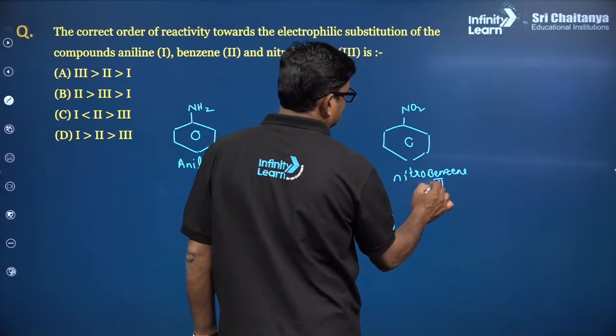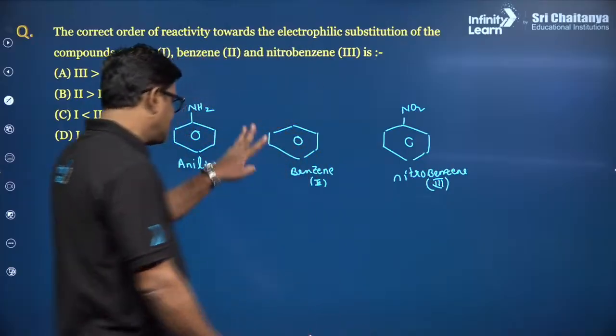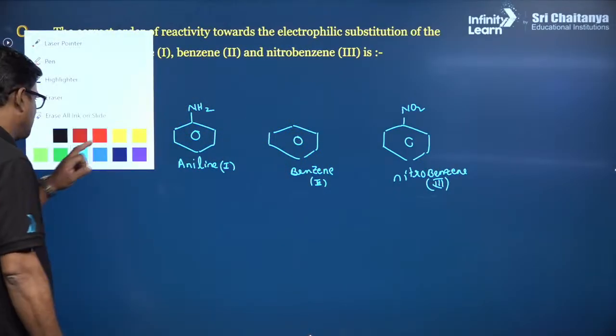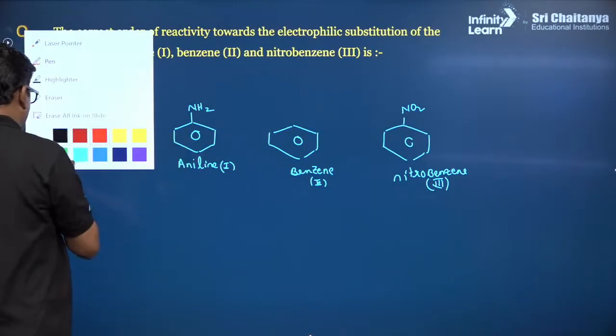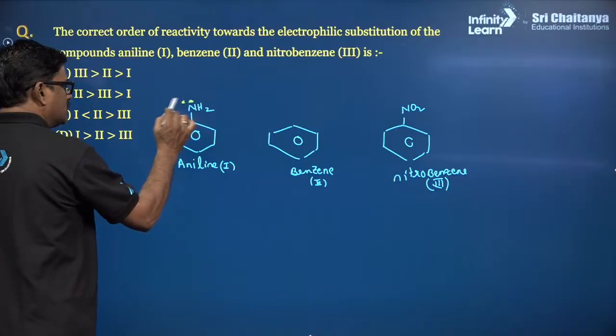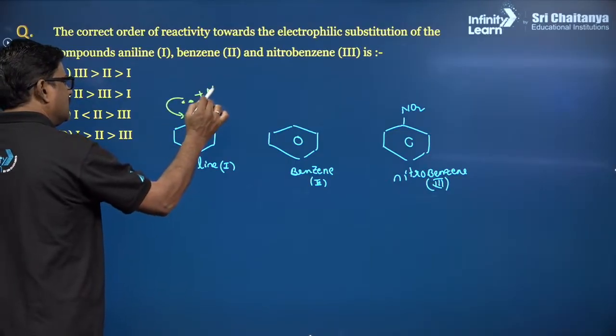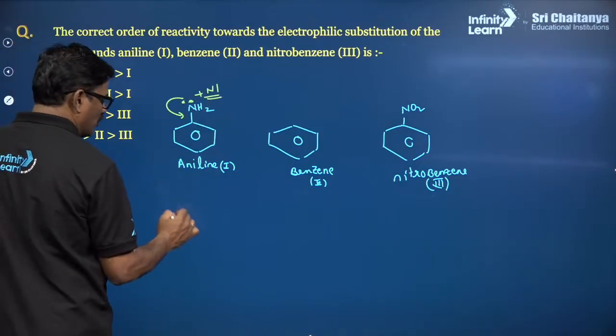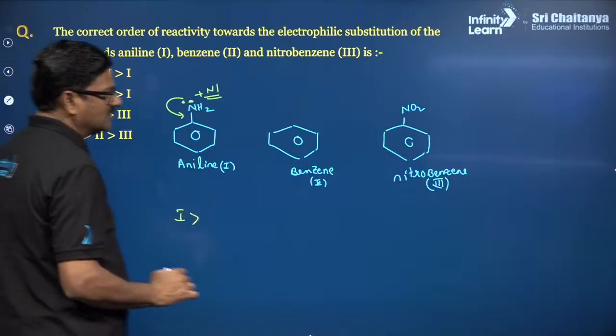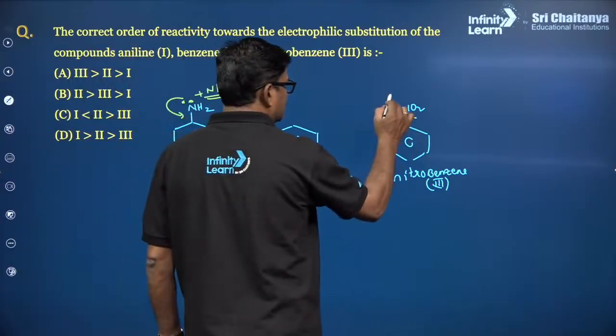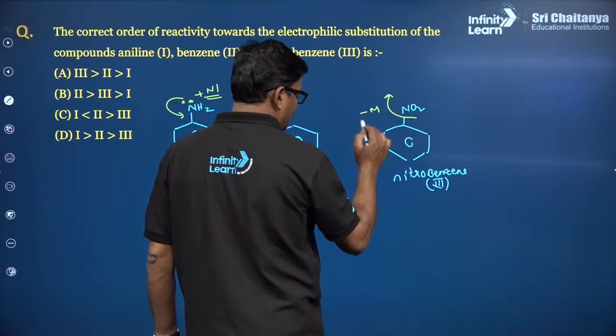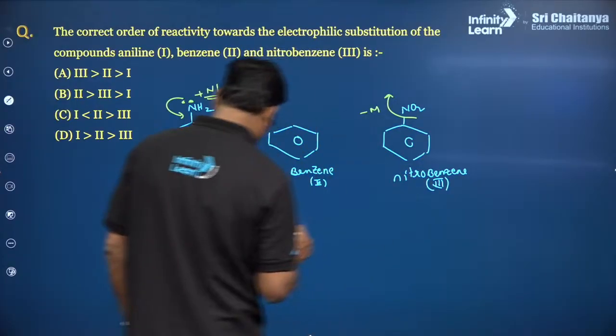In these three cases, you can see the reactivity. In aniline, due to positive mesomeric effect, the ring is super activated. So one is more reactive. Because of the negative mesomeric effect, nitrobenzene is going to be super deactivated.